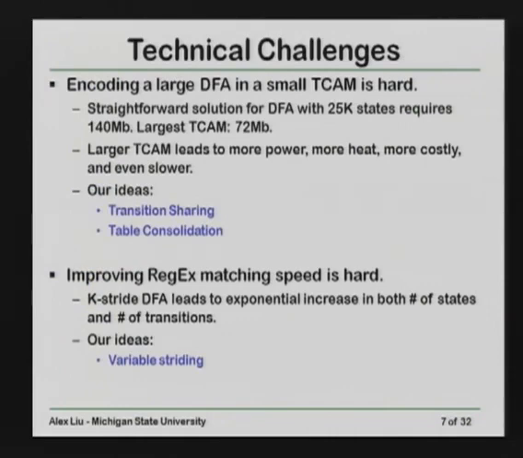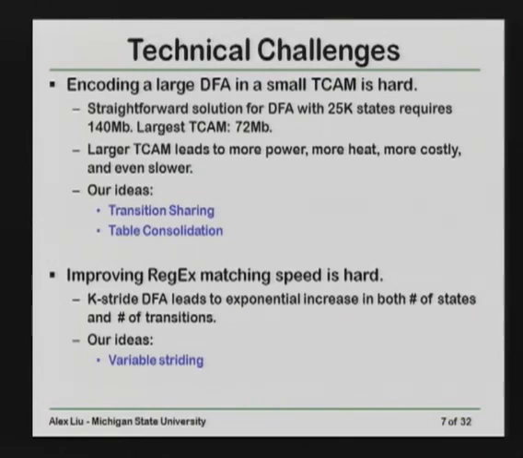There are two overall technical challenges in TCAM-based regular expression matching. One is that encoding a large DFA in a small TCAM is very difficult. The straightforward solution, which I will go over, for a DFA with 25,000 states will require 140 megabits of TCAM, and the largest TCAM available on the market right now is 72 megabits.